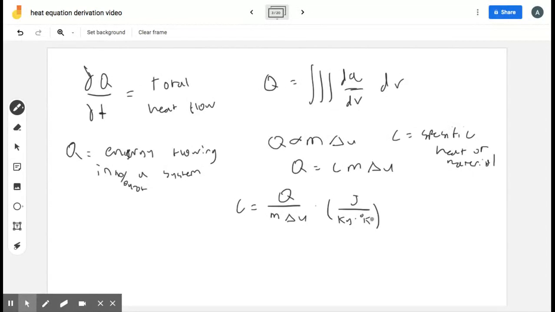So the idea is that when we have 1 kilogram of this material, and we increase that material by 1 degree Celsius, then we can define C, specific heat, to be the energy required to do so.